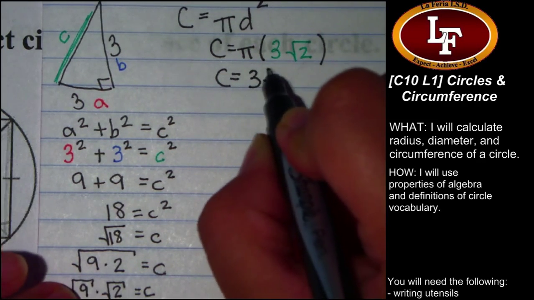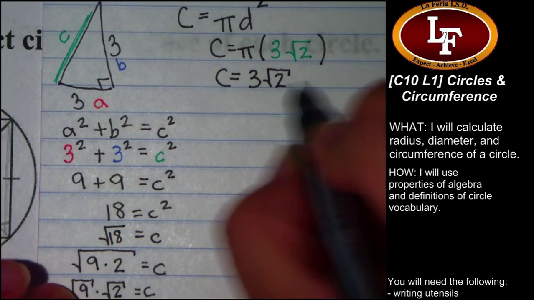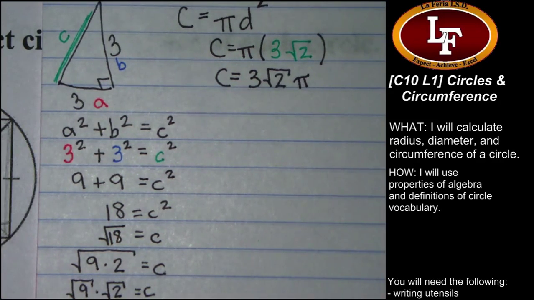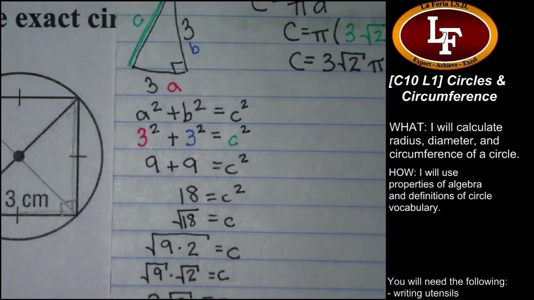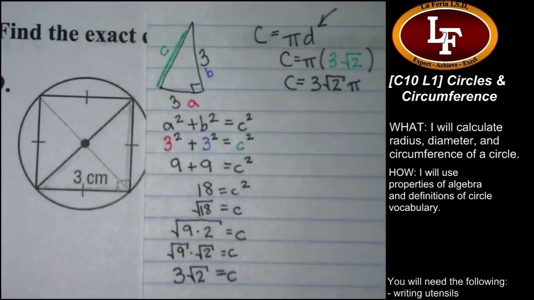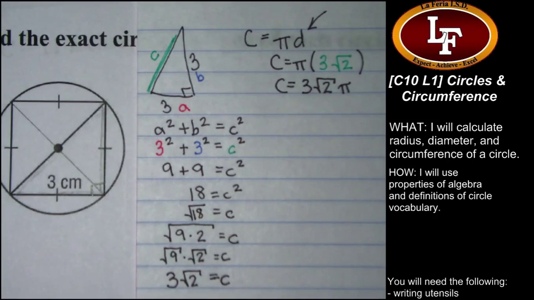So we're going to bring the numbers up to the front, and then write that Greek letter pi, representing that 3 point whatever number, at the very end. And so this would be the exact value for the circumference of this circle, which contains an inscribed square, side length 3 centimeters.